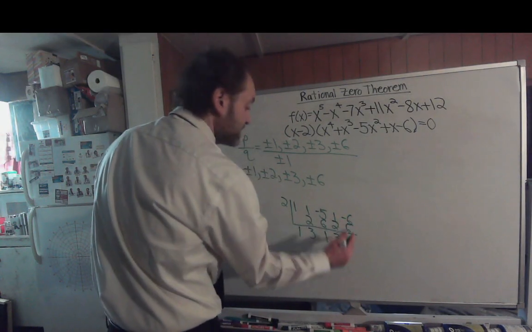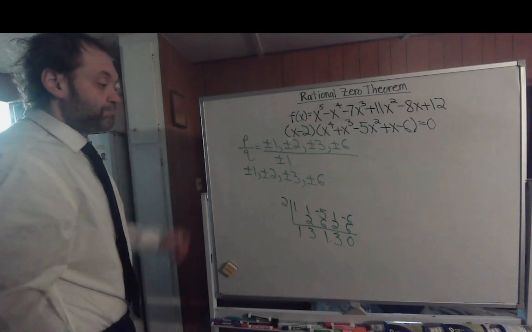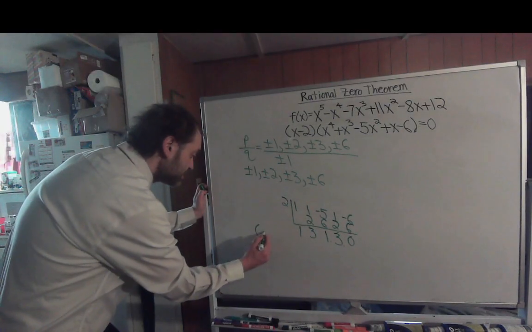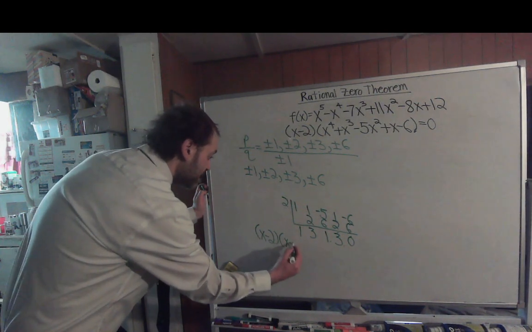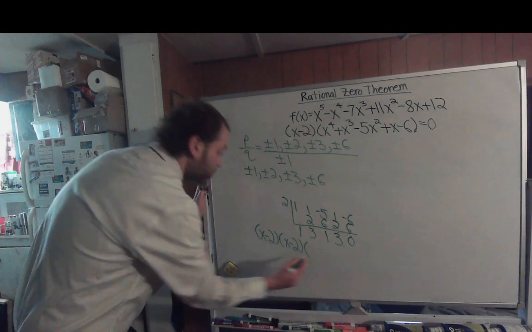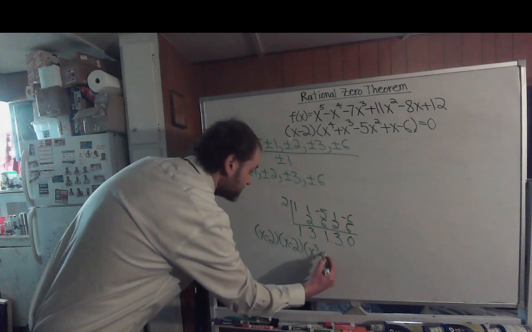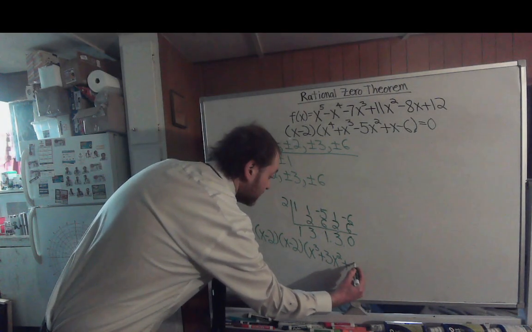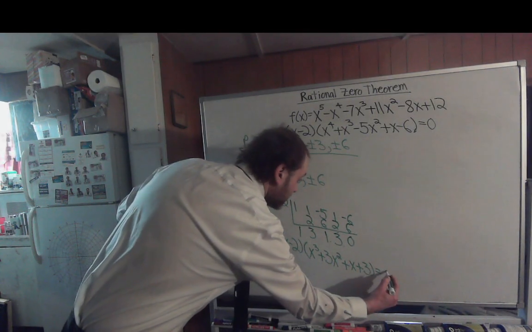Well, -6 plus 6 is 0. What do you know? We have another factor. This can be written as x minus 2 times another x minus 2 times the quantity of x to the third plus 3x squared plus x plus 3 equals 0.